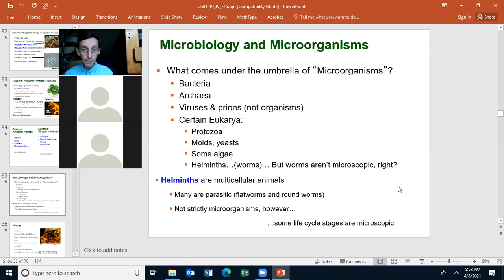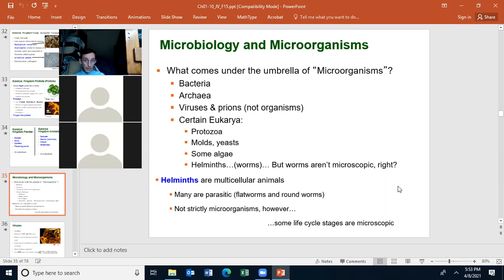The helminths are considered microorganisms, but worms aren't microscopic, right? So why do we consider a worm a microorganism? Well, the helminths are special. They are multicellular animals, and many of them are parasitic.